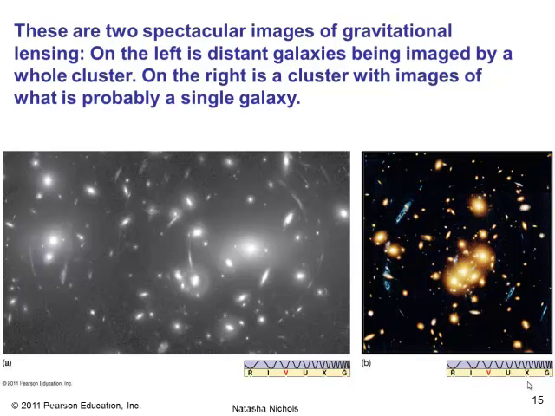The wispy pattern spread across the foreground galaxy cluster, A2218, about 1 billion parsecs distant, resembles a spider's web, but it is really an illusion caused by A2218's gravitational field, which deflects the light from background galaxies and distorts their appearance. By measuring the extent of the distortion, astronomers can estimate the mass of the intervening cluster.